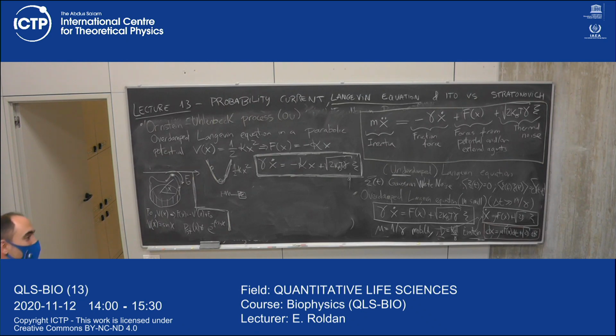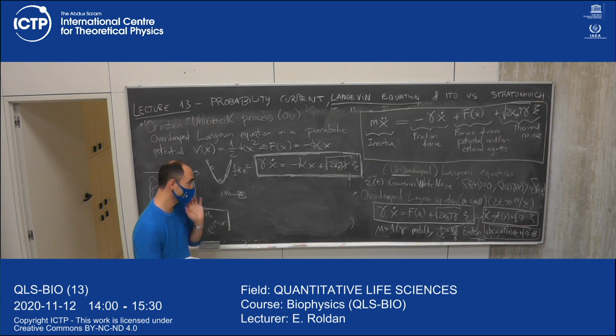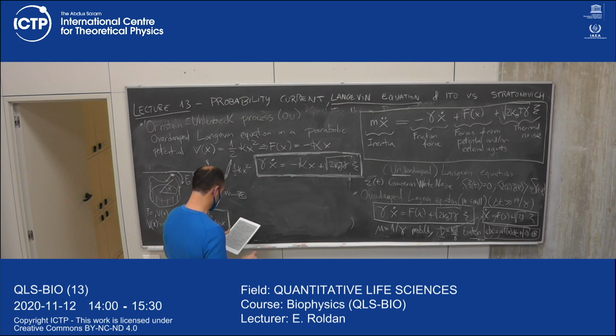It is one of the few Markovian processes that has a Gaussian limiting distribution. One of the few. But the nice thing is you can also simplify this and write it in different ways.